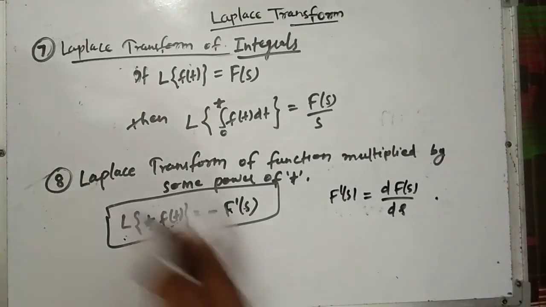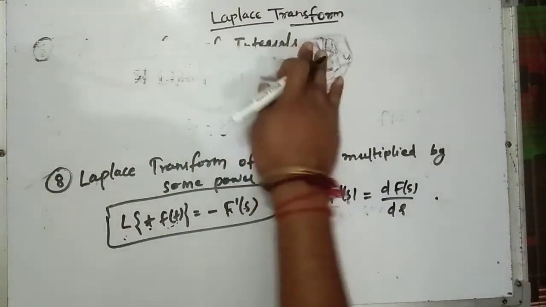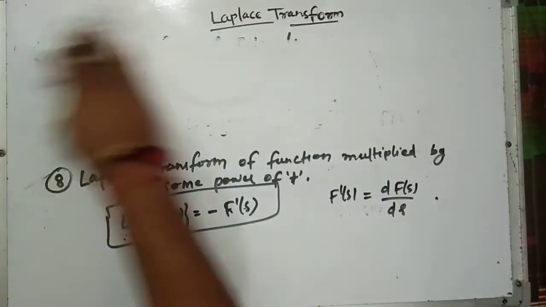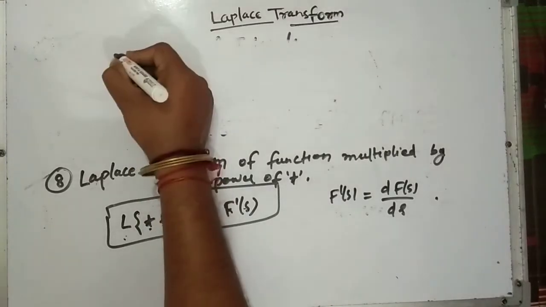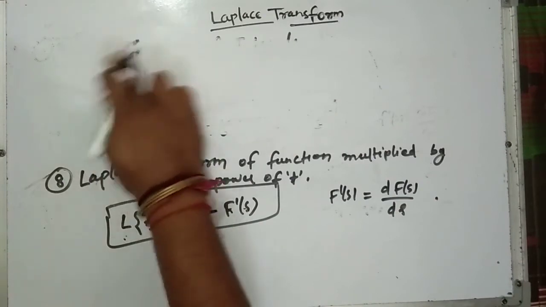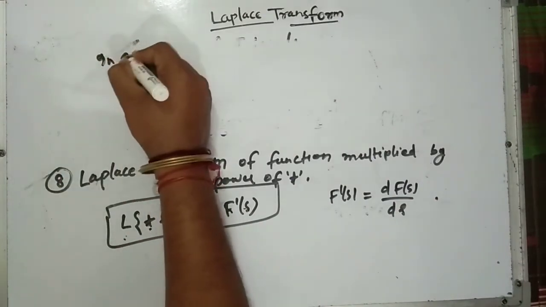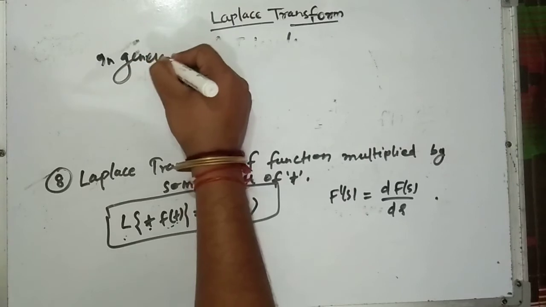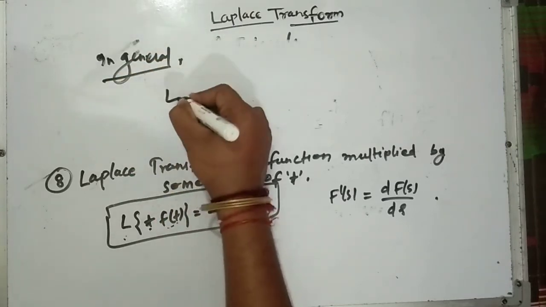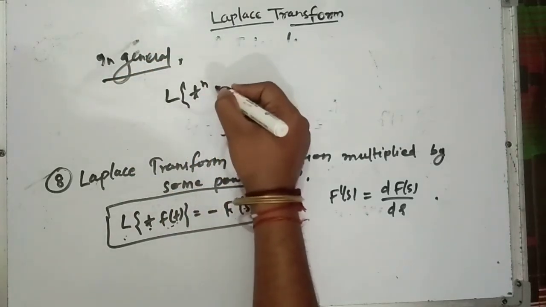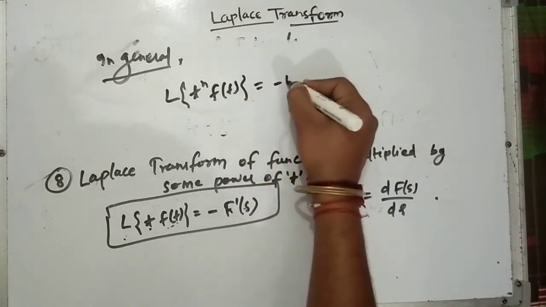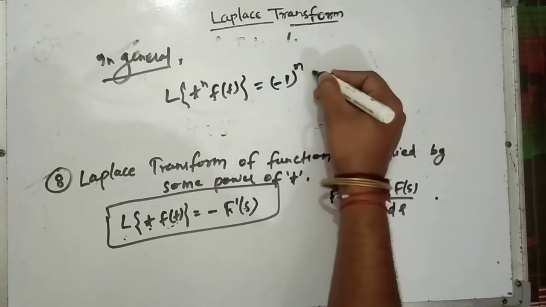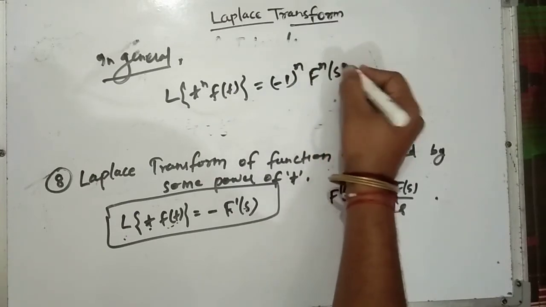So in general, if here t square, then t cube, then in general we can write the Laplace transform of t to the power n into f(t) is given by minus 1 to the power n F^n(s).